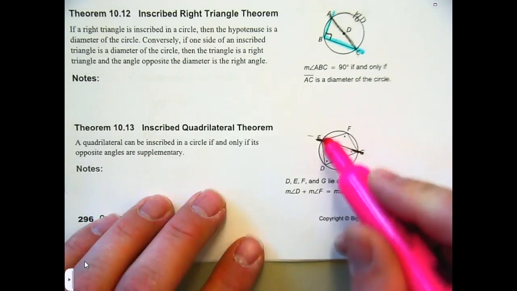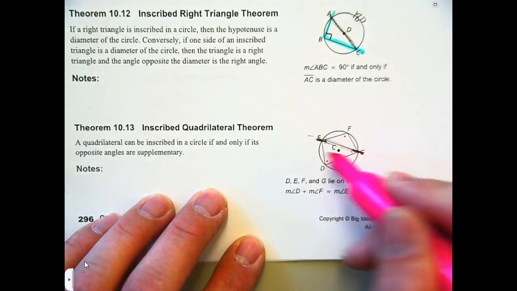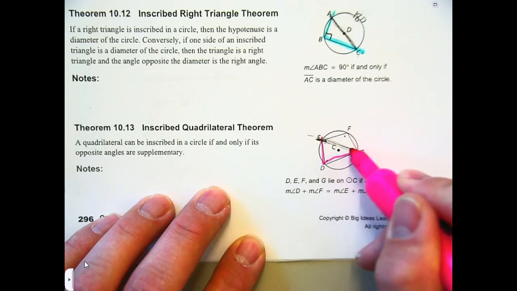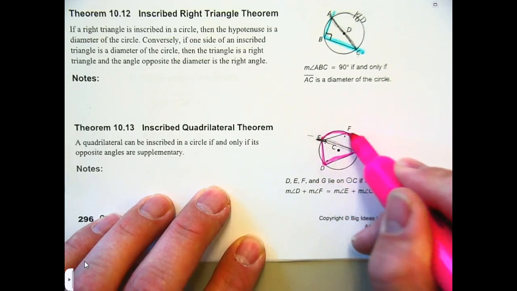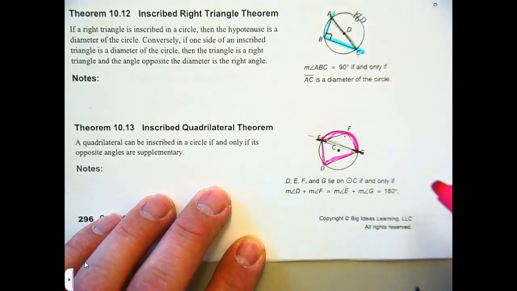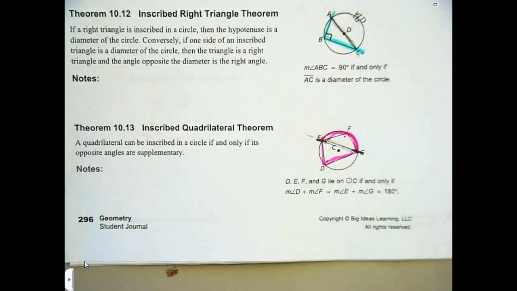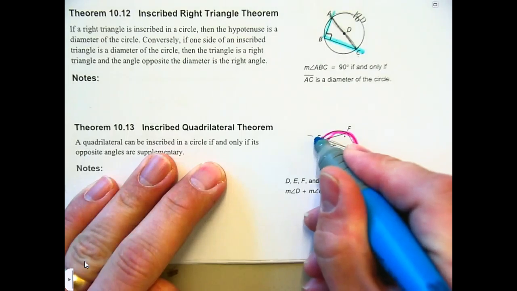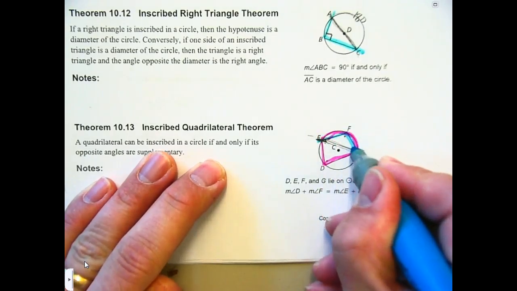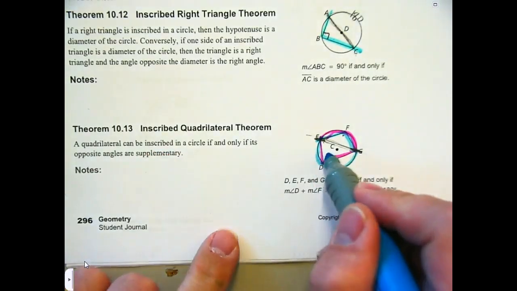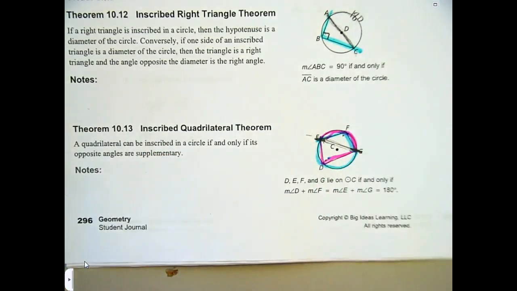So, for instance, FG subtends angle G. So this angle right here slices out that arc. Correct? And its opposite angle, angle F, slices out that arc. How come those two angles have to be supplementary?